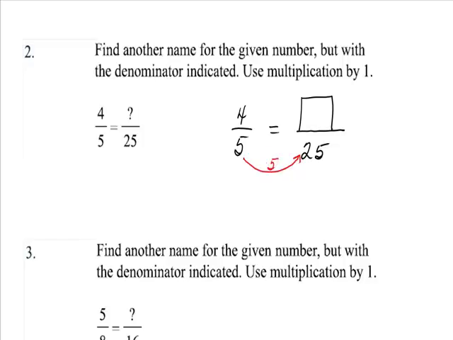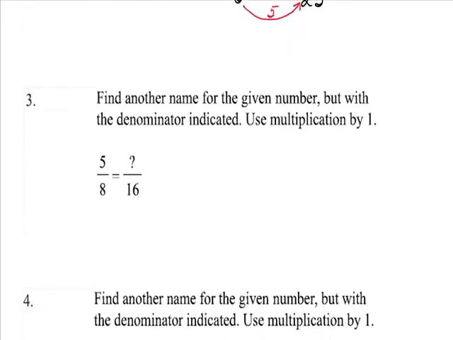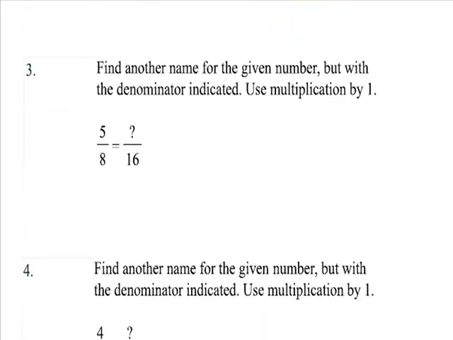The answer is 5. So if the bottom was multiplied by 5, you have to multiply by the number 1. It's 5 over 5. 4 times 5 is 20. 4/5 is equal to 20 over 25. Okay, let's keep practicing this.